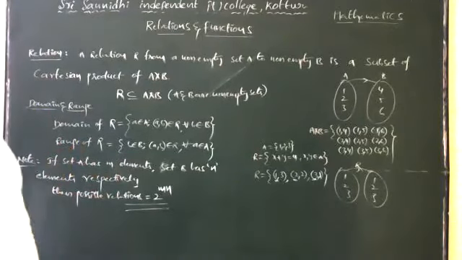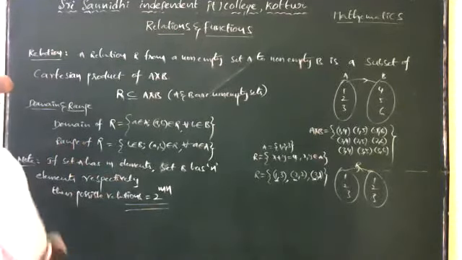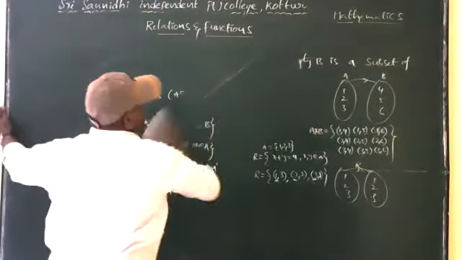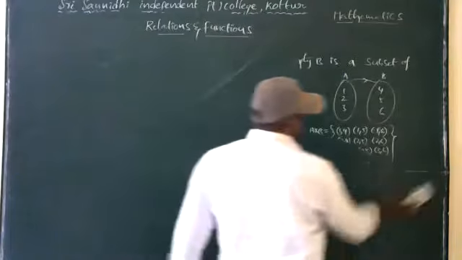Next, these are conditions we know from first PUC. Now, based on this, we have to discuss the types of relations. Types of relations, a very important concept for 3 marks.